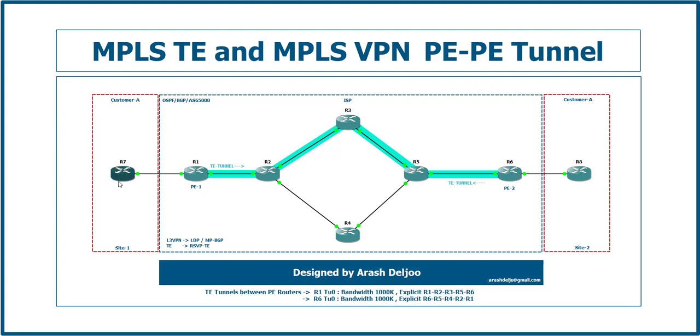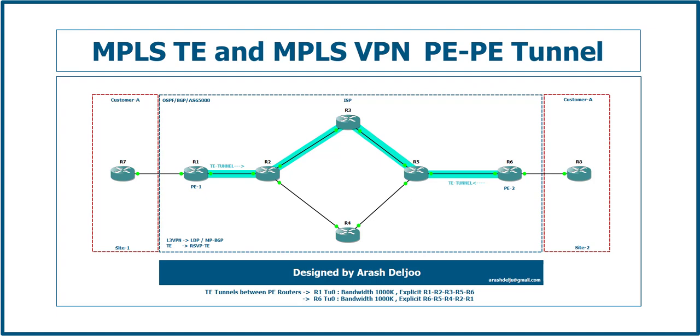After that, we can steer the traffic of customer A site 1 and site 2 through this tunnel. This means that we are engineering the traffic to be forwarded through this path. If you have another customer with the same function, you can steer the traffic of that customer through the lower path, the bottom path.